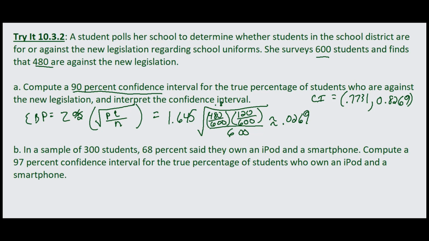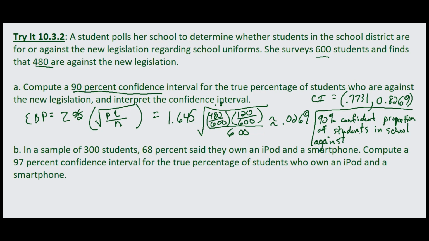And then what that means in context, interpreting the confidence interval, that means that we can be 90% confident that the true proportion of students in the school against the new legislation regarding school uniforms is between 77% and 83%, rounding to the nearest percentage.